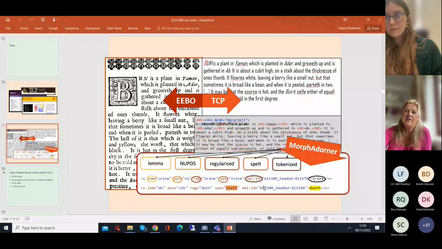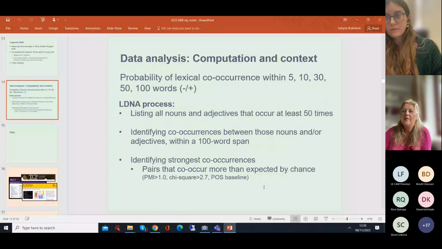The processor is using statistics called PMI, which is one of those mutual information measures. A lot of corpora will have the mutual information measures built into the program, but essentially this statistic allows us to get, let's say, pairs or trios or quads that occur more than expected by chance.